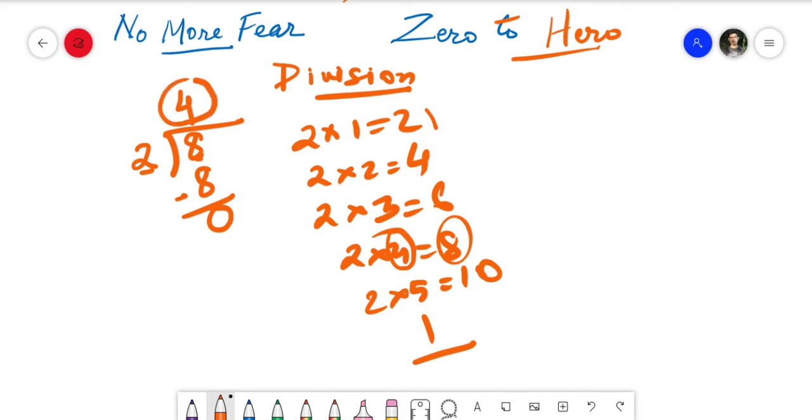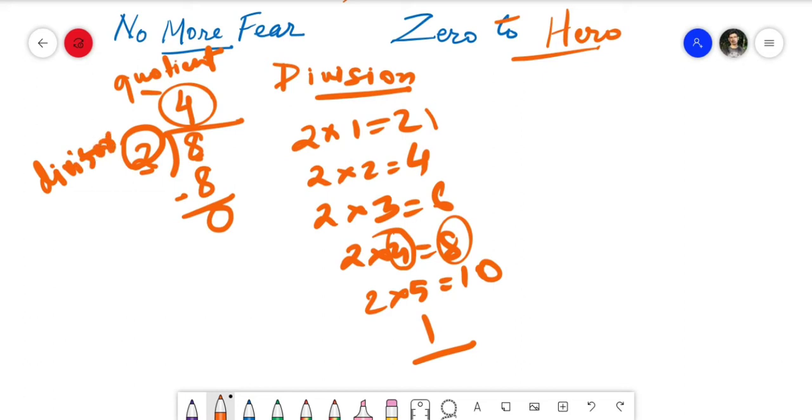This is called what? Divisor. What is this? Divisor? No, sorry, this is not a divisor. I was just lying. This is just a quotient. And this is called divisor.